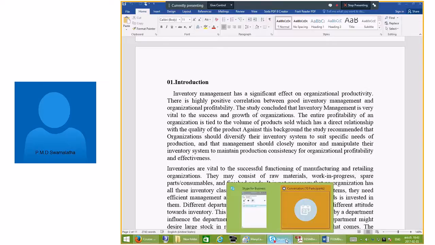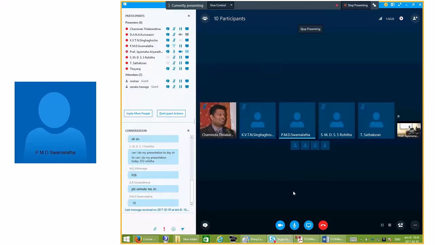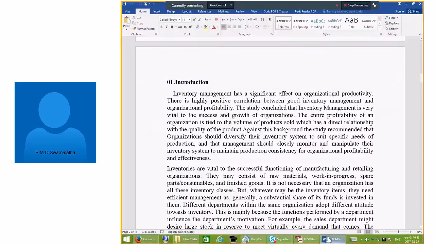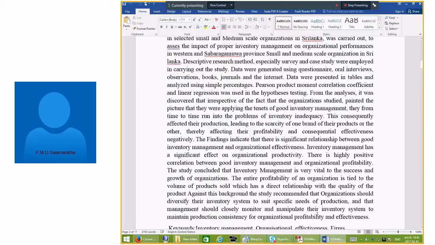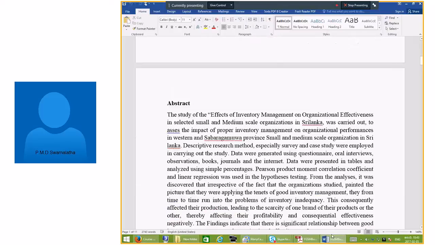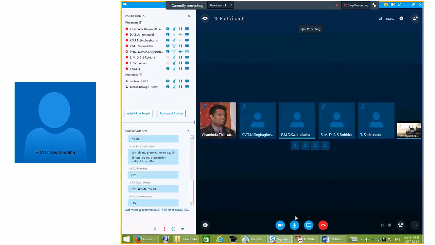A substantial share of its funds is invested in them. Different departments within the same organization adopt different attitudes towards inventory. This is mainly because the functions performed by a department influence the department's motivation. For example, the sales department might desire large stock in reserve to meet every demand that comes.